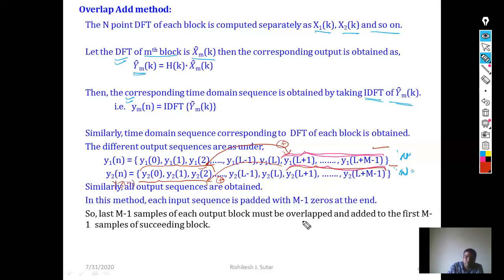Like this, you have to do the same thing I have just written here: the last m minus one samples of each output block must be overlapped and added to the first m minus one samples of the succeeding block, means next block.